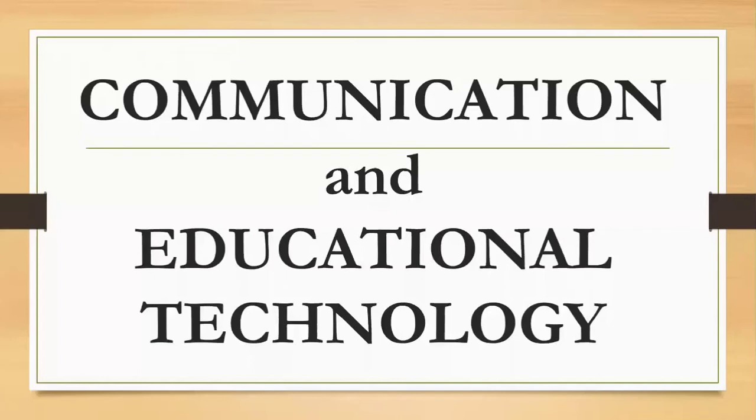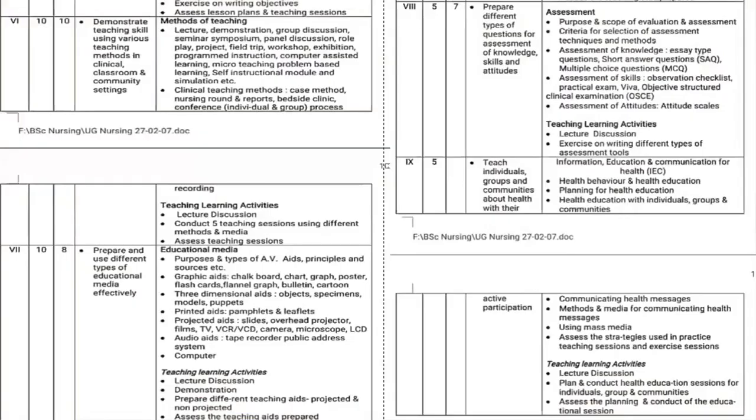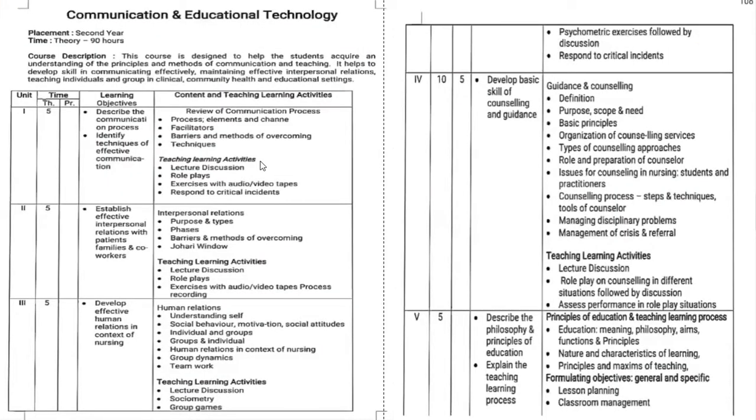Now the syllabus. We enter into the syllabus. What are all the units? There are a total of 9 units. See, this is about your syllabus. Placement, second year, theory is 90 hours.